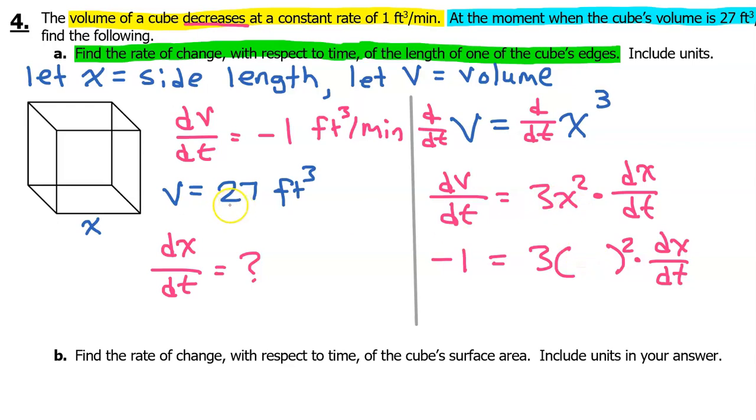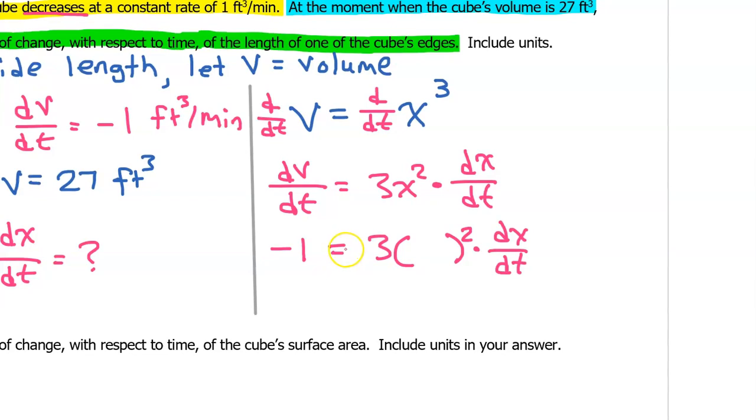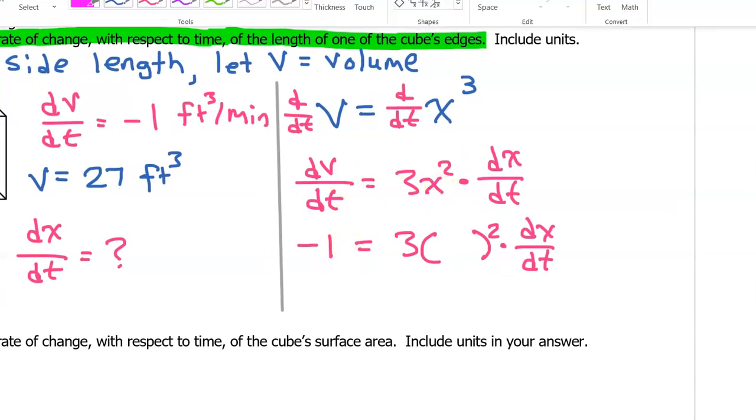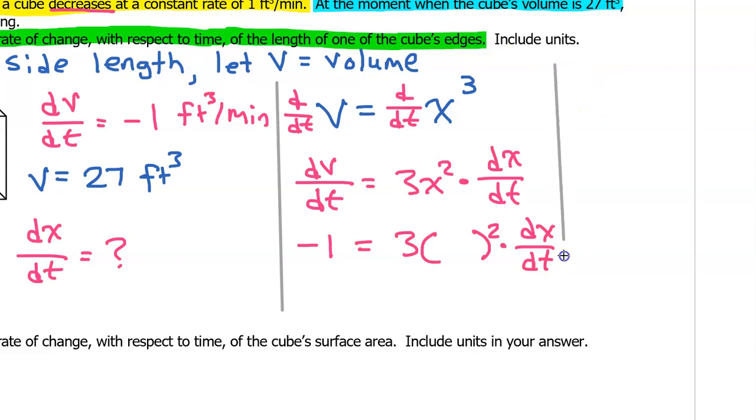And guess what? We haven't used the fact that the volume is 27 yet. So let's use that fact right now to help us find x. We know that the volume is equal to x cubed. At this moment, the volume is 27. So we have 27 is equal to x cubed.